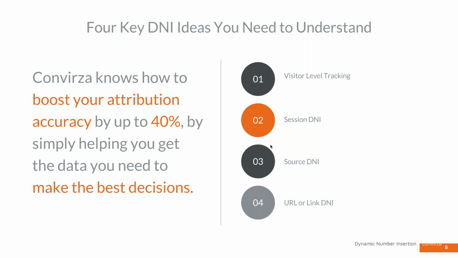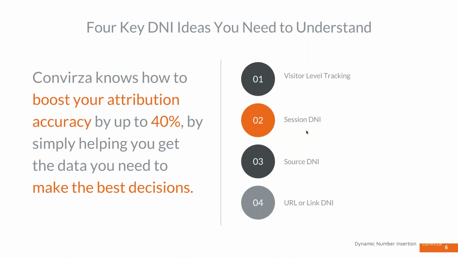The other types that are out there are URL or link DNI, which is just a specific referring URL. You can assign a unique number to that. That's often used in email marketing and display type campaigns. The other type is what we call session DNI, and session DNI is really good on the paid search side. You want to look at specific numbers per session.